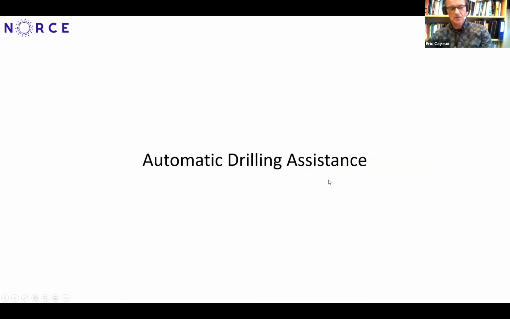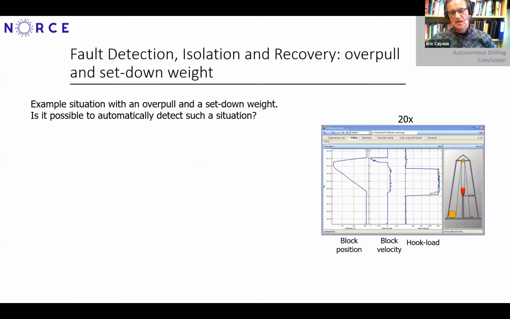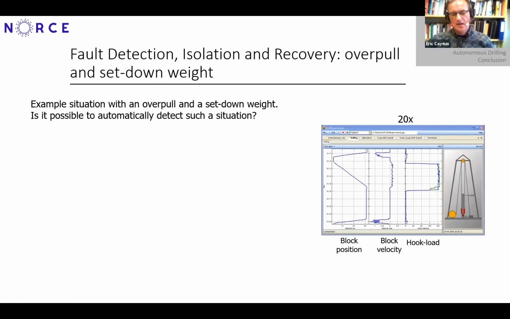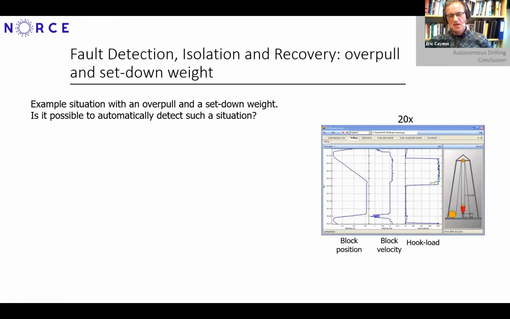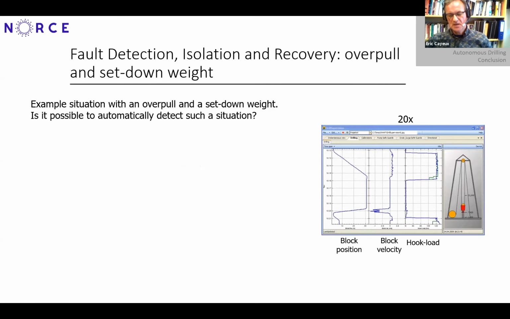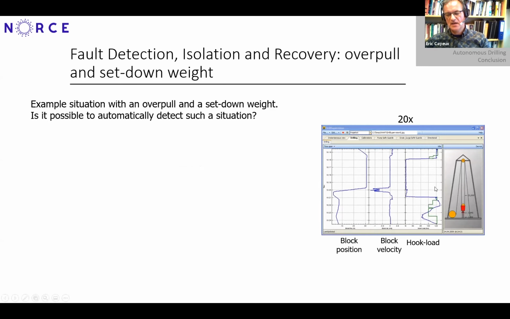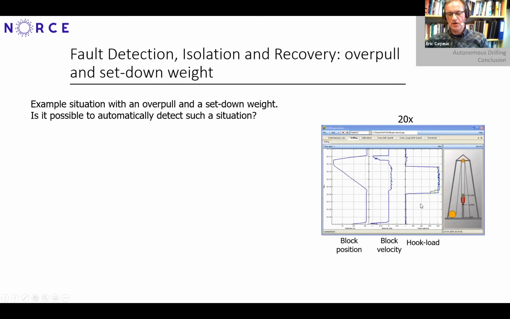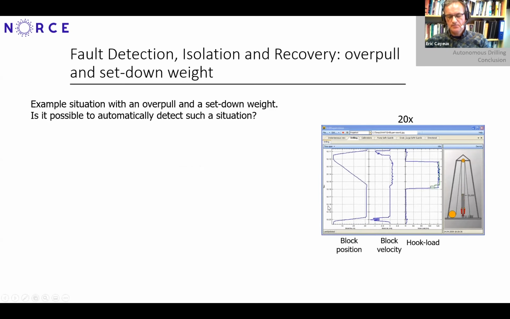Okay. So how can we use these types of dynamic models that I've described for automatic drilling assistance? Well, they can be used, for example, for the problem of detecting overpulls and set-down weights. Here is an example of an actual operation where we are pulling out of hole and everything is fine for one stand, and when we get to the next stand we get an overpull, we try to go down, and we get a set-down weight.